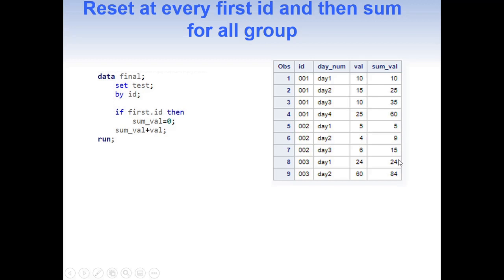So in a way we are resetting the value for every id and then we are again doing the cumulative total. In this fashion, we are getting our total at the end of each by group.